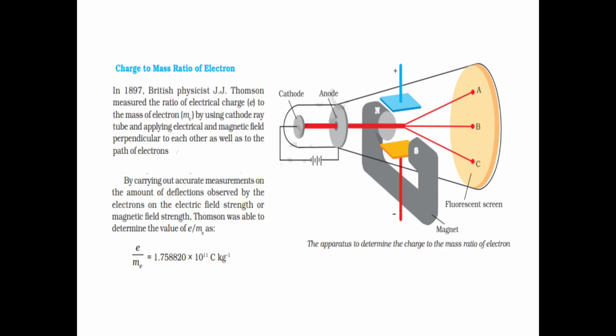Charge to mass ratio of the electron. In 1897, the British physicist J.J. Thomson measured the ratio of the electrical charge to the mass of the electron by using the cathode ray tube, applying electrical and magnetic fields perpendicular to each other as well as to the path of the electron. By carrying out accurate measurements of the amount of deflection of the electrons by the electric field or the magnetic field strength, Thomson was able to determine the e/m value as 1.758820 × 10^11 coulomb per kg.